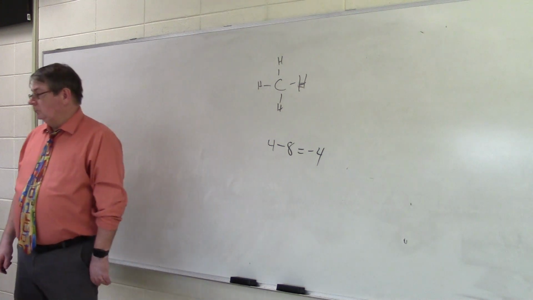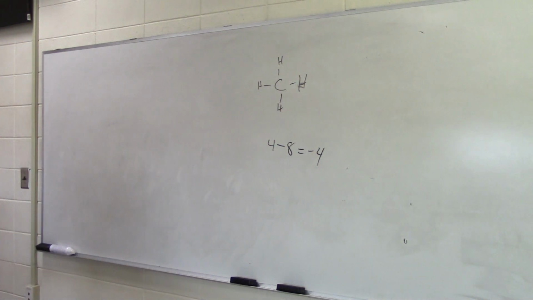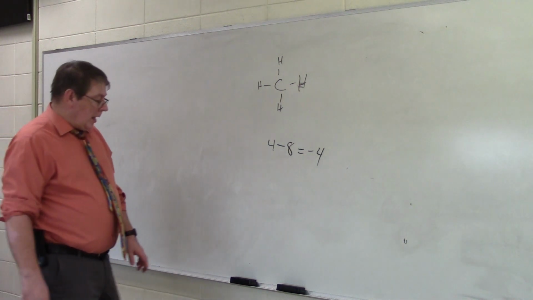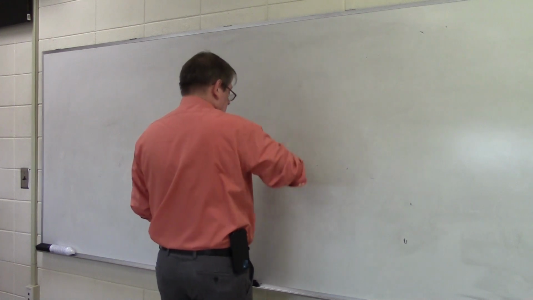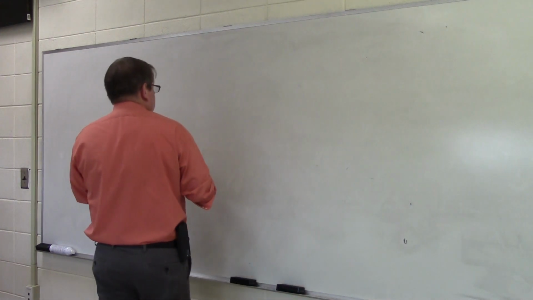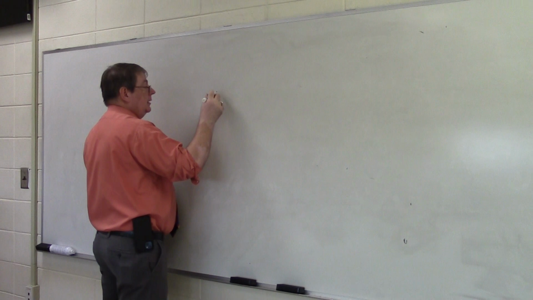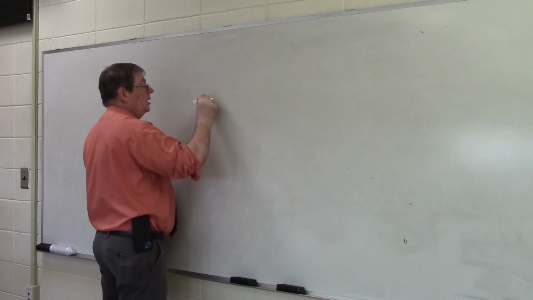Does the SN1 mechanism retain configuration of the stereocenter? It does not. Why doesn't it? All right, so for the SN1, let's suppose we take a tertiary alkyl halide, and let's say it's something like this.